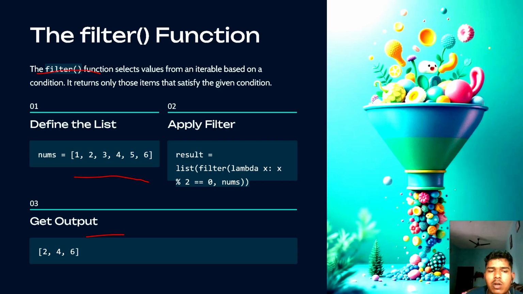Then we get output 2, 4, 6. Modulus means when we divide any value by 2, we get a remainder, and here the remainder is equal to 0. If you divide the values of nums by 2, only the values 2, 4 and 6 give remainder 0. Then we get output 2, 4, 6, and that we call the filter function.